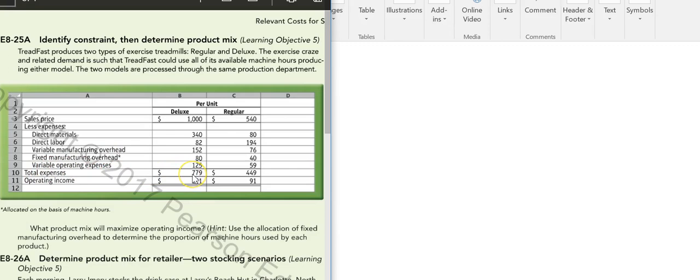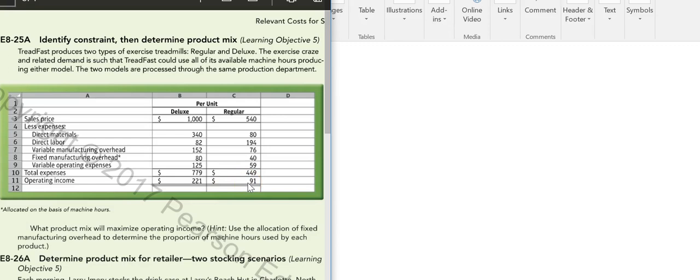So the total expense for a deluxe one is $779, and if you subtract all these expenses from the sales price, by producing and selling one deluxe model, the company is making $220 profit. On the other hand, by selling one regular model, the company is making $91 operating profit.